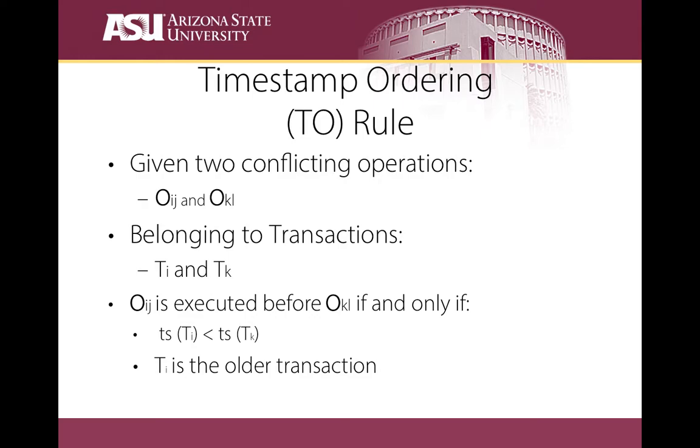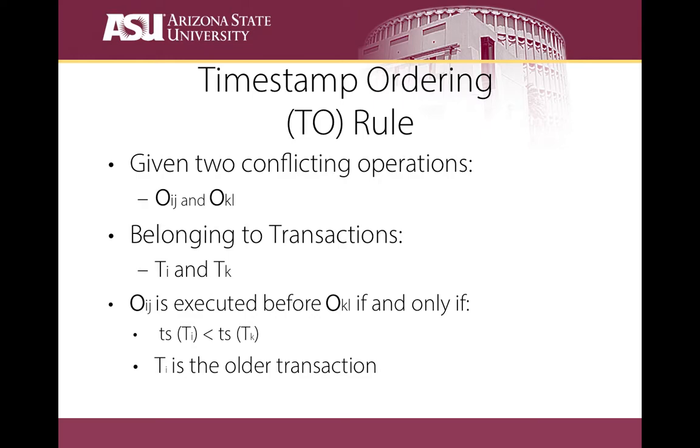So the rule in the very basic timestamp ordering algorithm, called timestamp ordering, TO, is that this operation, O_ij, is performed before O_kl only if the timestamp of Ti is less than the timestamp of Tk.